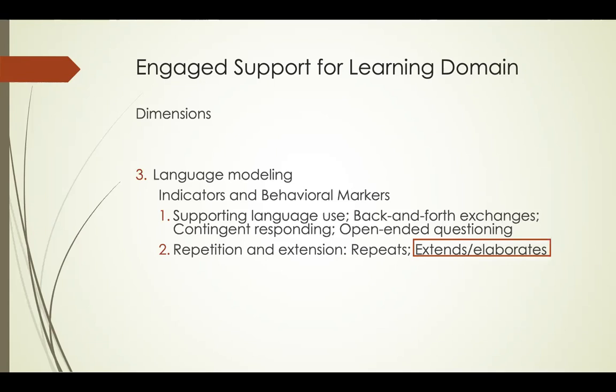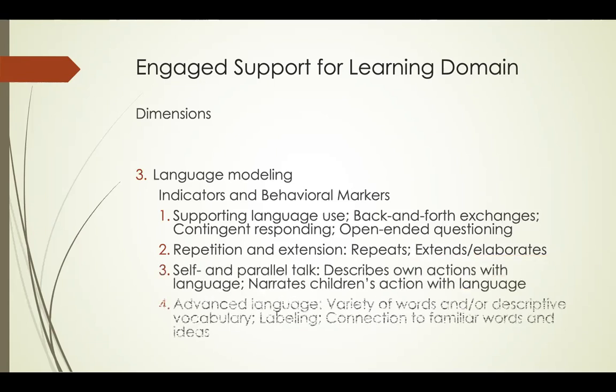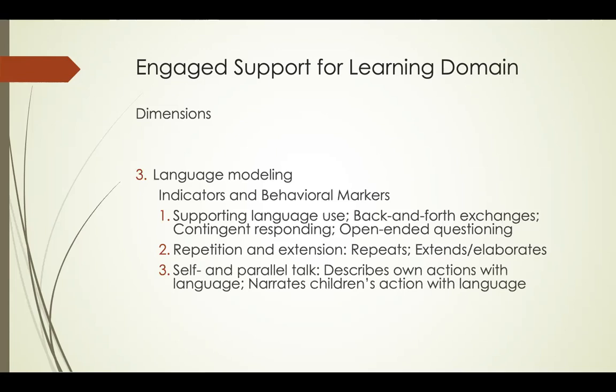And also this gives them, for the ones that are still just working on their language and just coming up with those words, they have their ideas, but they don't have full words yet. You're really giving them that extra bit by extending on what they're saying. Self and parallel talk is a great way to also give them that language, just by simply describing what it is that you are doing.